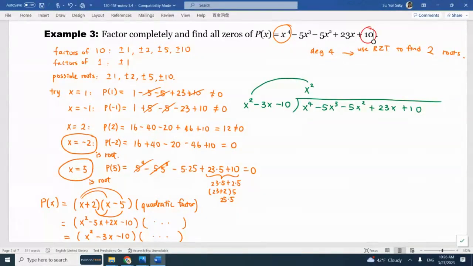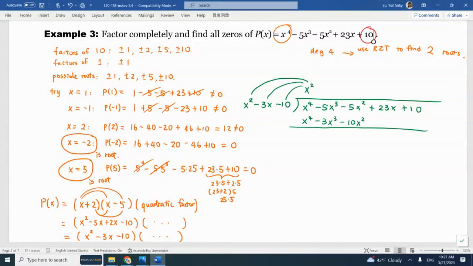x squared times x squared is? Yeah, x squared times negative 3x is negative 3x to the third, right? x squared times negative 10. Yeah. Okay, use the first line, subtract the second line. x to the fourth minus x to the fourth, 0.